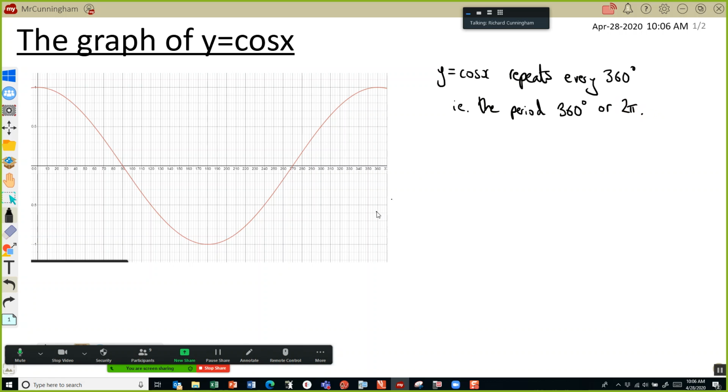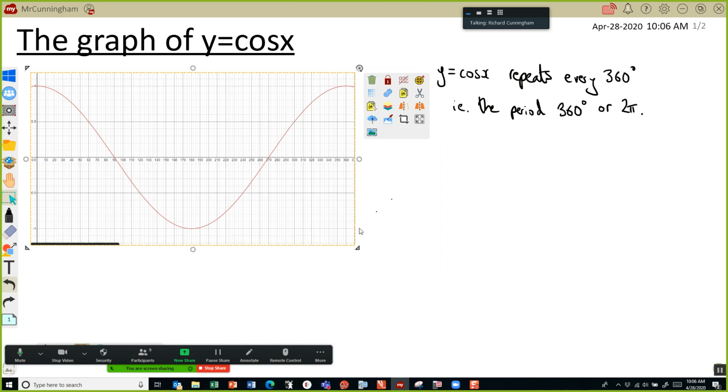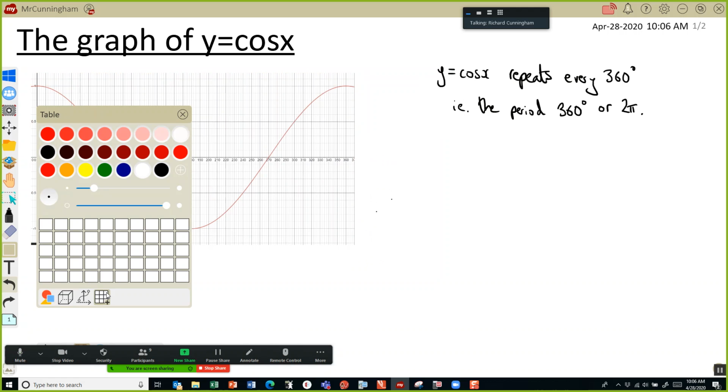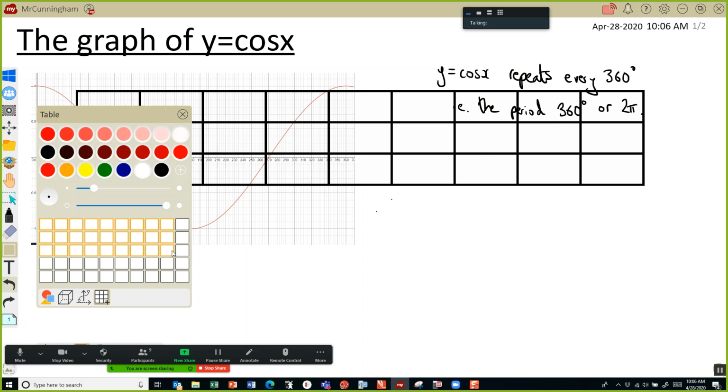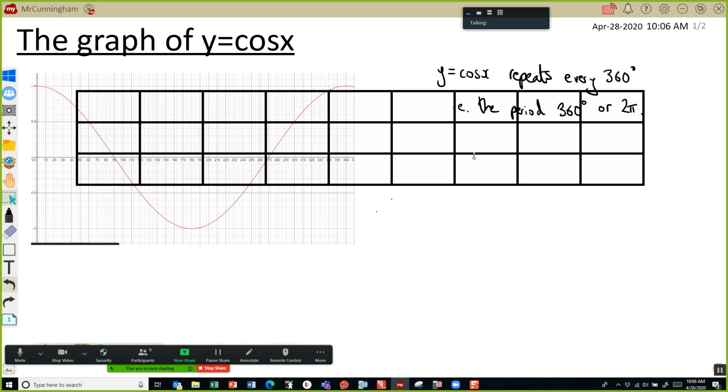So let's get some important points down, like we did with the last one. I put up a table.